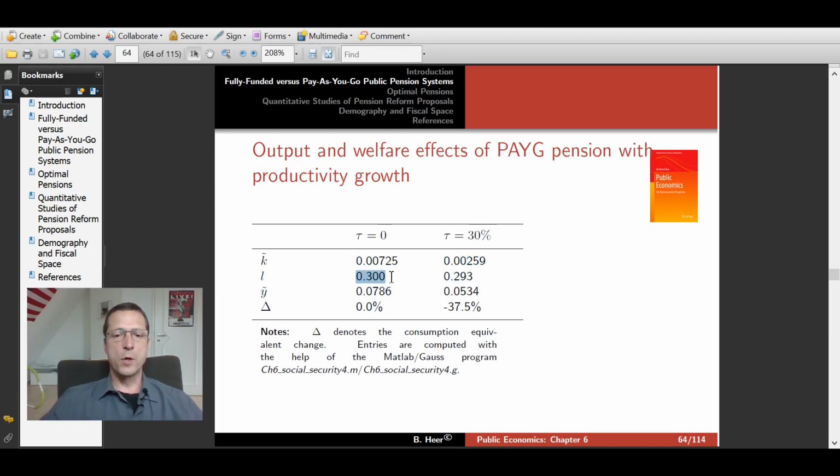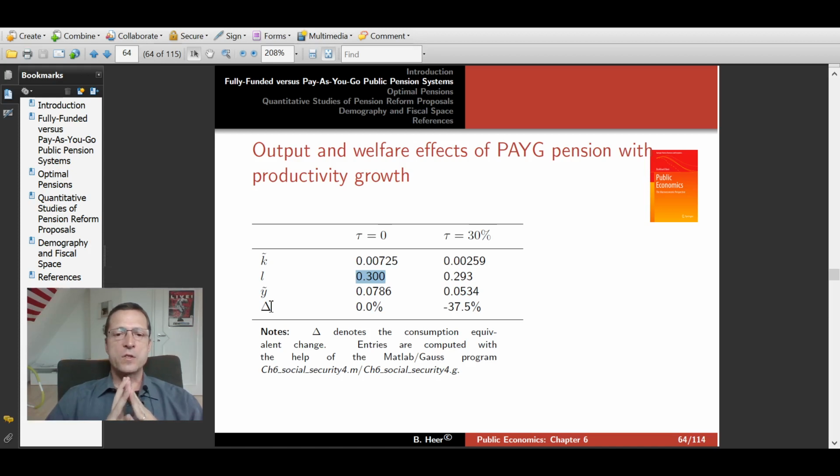So we supply 30% of our available time, which is normalized to 1. Our capital stock here, which is capital over A times N, is equal to 0.00725. Our production is equal to 0.0786, again expressed as production per A times N effective worker. And the consumption equivalent change, the welfare effect of changing it to tau equal to 0, of course, is equal to 0. This is our benchmark case.